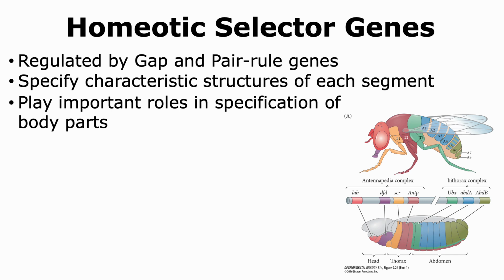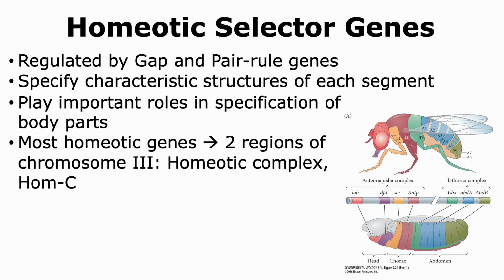In other words, what kind of body part is determined by which segment is what the homeotic selector gene does. Now, most homeotic genes are found in two regions of chromosome number 3, and hence that region which has both parts of the homeotic selector genes is called the homeotic complex, or HOM-C.